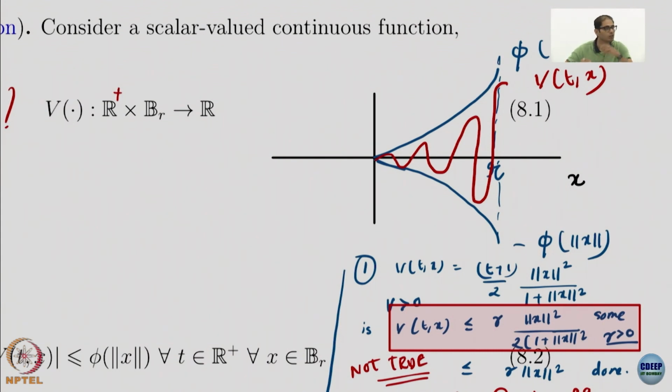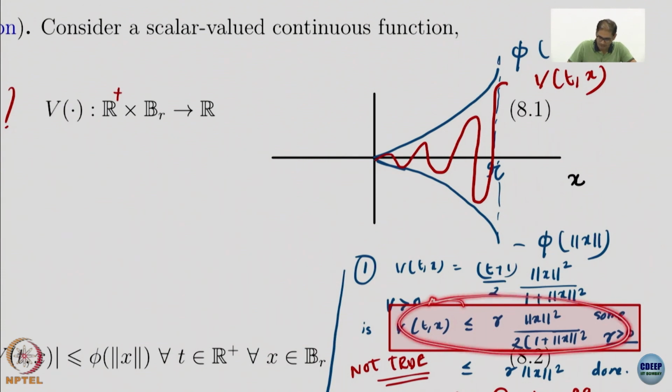Not easy, because you have to test every possible class K function. This is only one possible class K function with which we proved positive definiteness, and so I am asking a simple question, does there exist some R such that this happens?